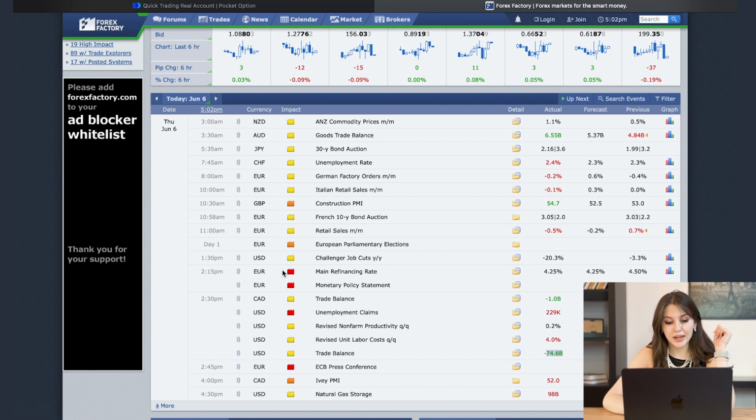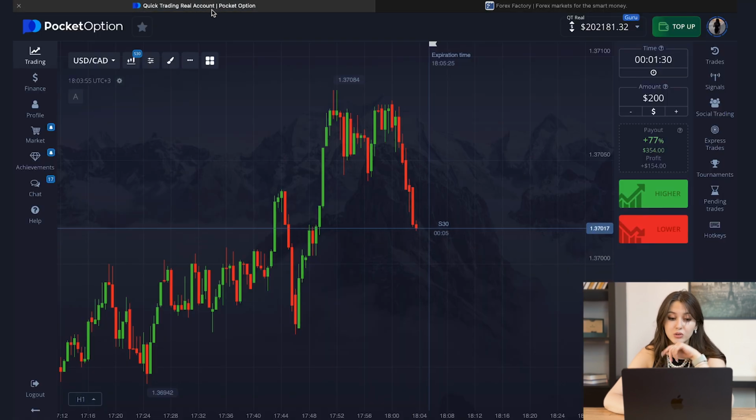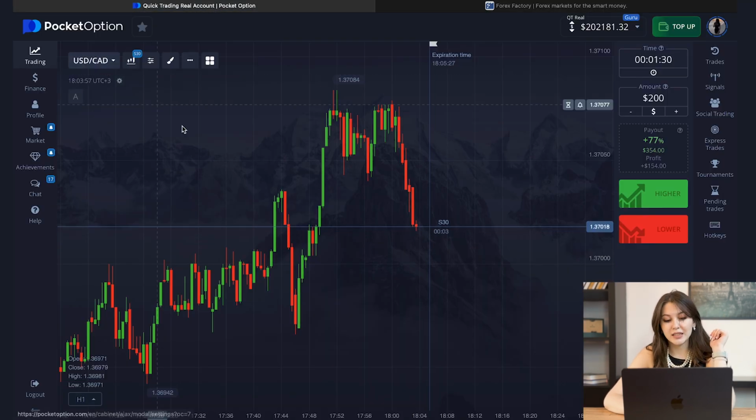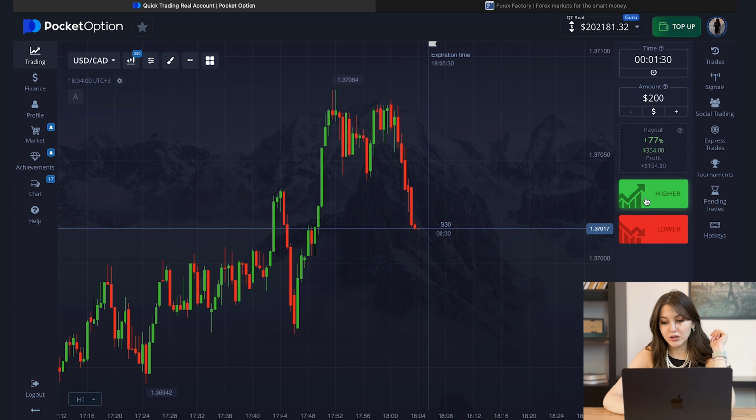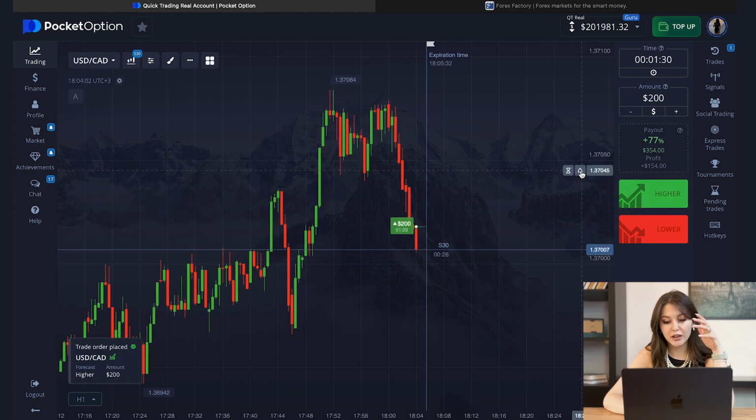Okay guys, so let's see the market. As you can see, there is some red false impact on the news, and we're not working with these currencies. For example, you can see that the euro is not in a good position, but the dollar is in a good one, so we can use that. So we open the asset with a dollar and a Canadian dollar, and let's put for the higher movement.